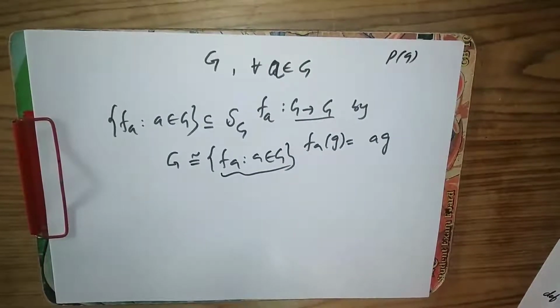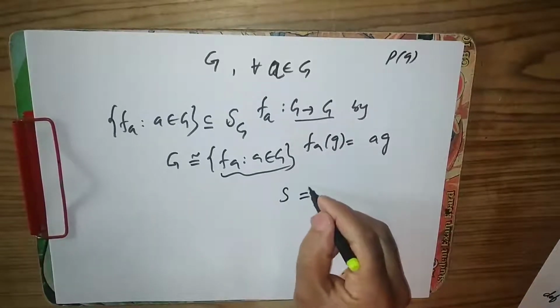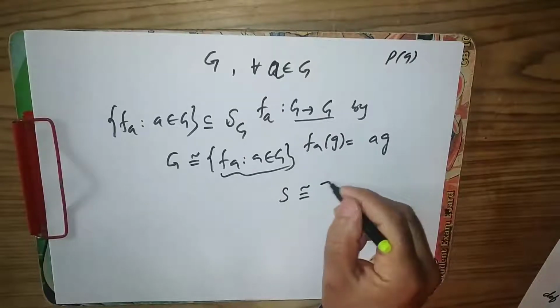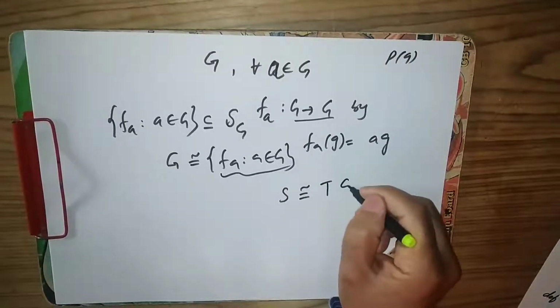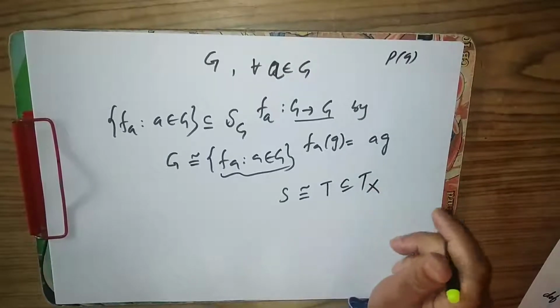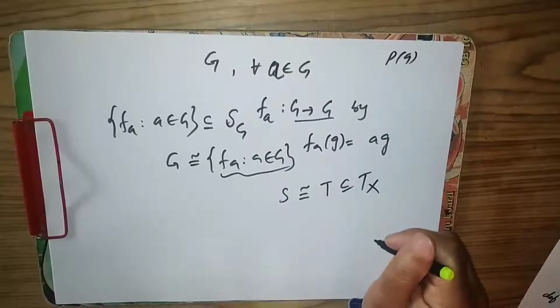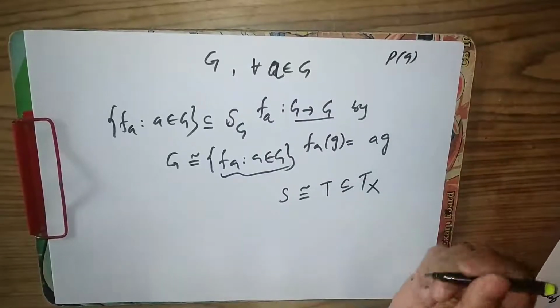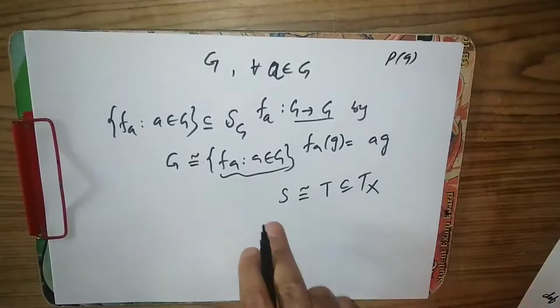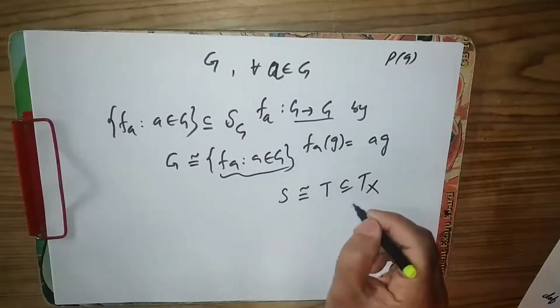Now here we want to prove the same result for semigroups, and we'll see that every semigroup S is isomorphic to some semigroup T, where this T is a sub-semigroup of T_X. T_X is the semigroup of all maps on X, not the permutations only. The full transformation semigroup T_X is the set of all mappings from X to X. So we will show that every semigroup S is isomorphic to some transformation semigroup, not the full transformation semigroup.